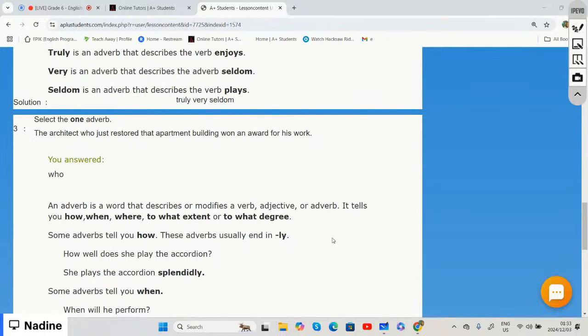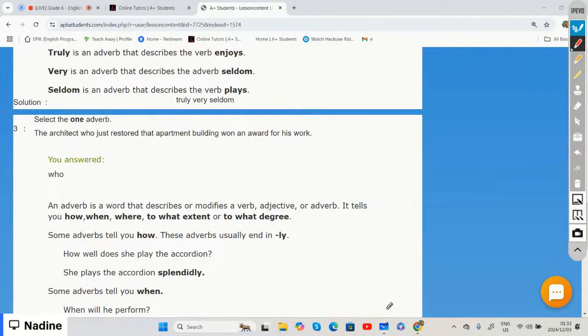And if we were to select our correct option, our one adverb, then it says the architect who just restored that apartment building won an award for his work. Just restored.